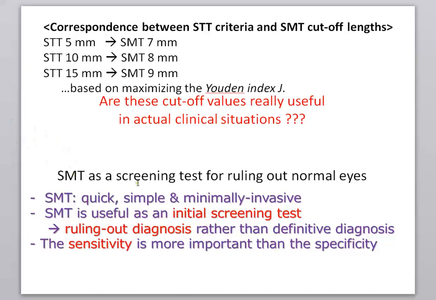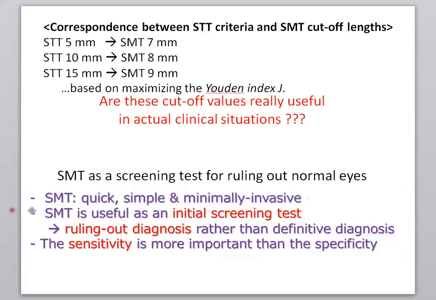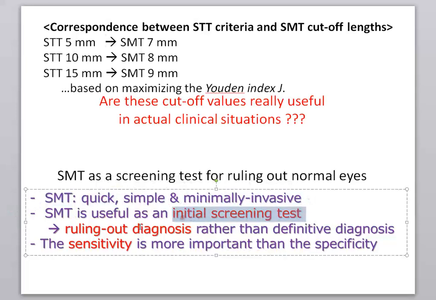So SMT was originally invented in 2006, yes, by Dr. Doggle, where the discussion was focused on the SMT methodology having some advantages, which are associated with the quickness, simpleness, and minimal invasiveness. This aspect is very useful if the test is used as an initial screening test, or let's say ruling out diagnosis, rather than definitive diagnosis.